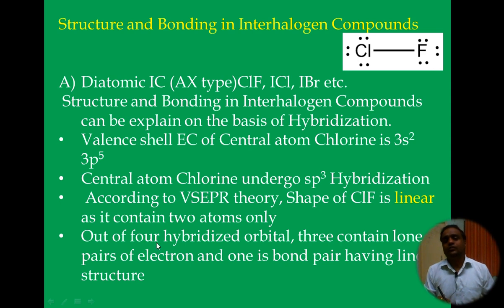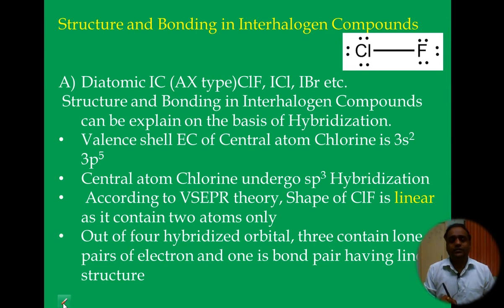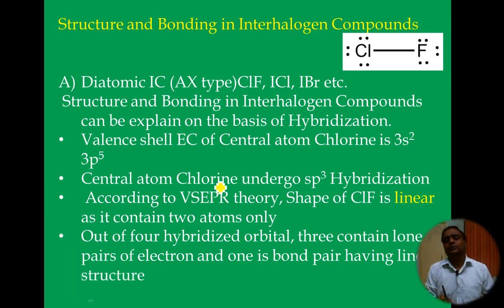Now in this molecule, chlorine will act as the central atom, and thus it will undergo hybridization. The valence electron configuration of the central atom, chlorine, is 3s2 3p5.